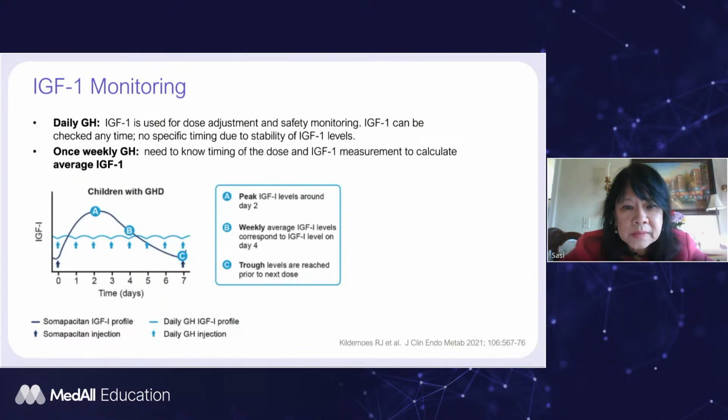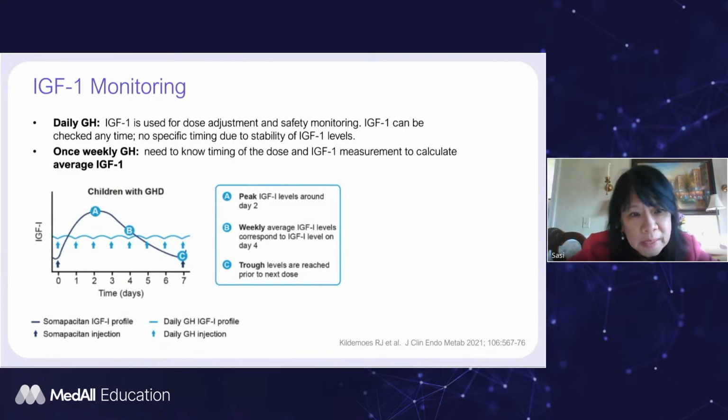So we also need to do IGF-1 to monitor, to make sure that the dose is given appropriately, not too much or too low. And for daily growth hormone, if you look at the graph here, when you give daily growth hormone, the IGF-1 level is stable, any day when you check IGF-1.